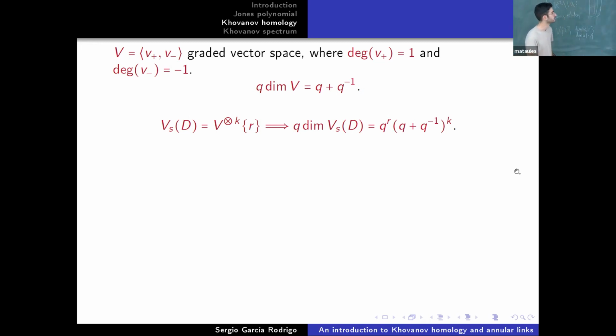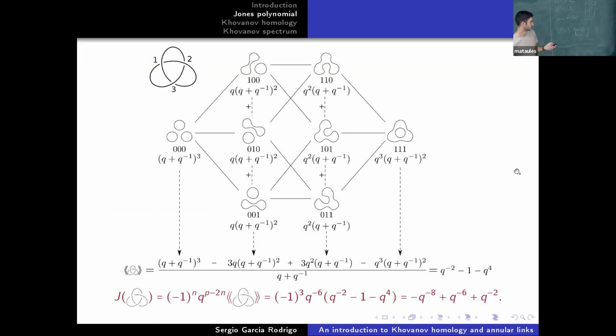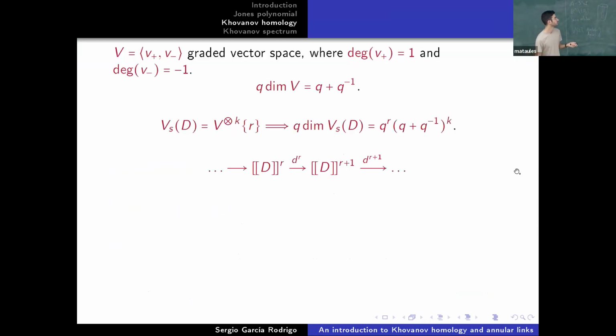So we get this q to the r, and for each copy of V, its dimension is q plus q to the minus 1. So we get something like this. And this is quite similar to what we had before, right? They are just those polynomials that appear here. So that's what we are going to do.